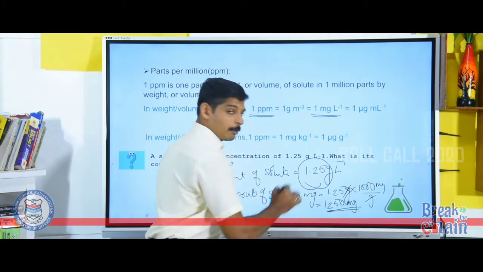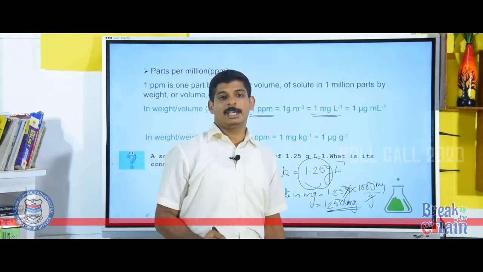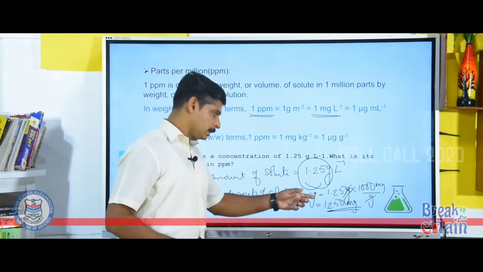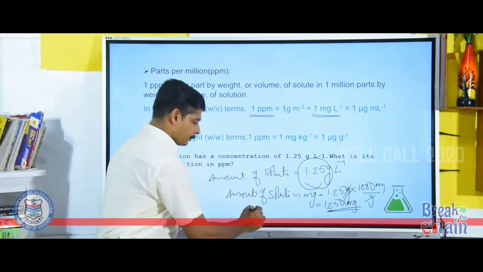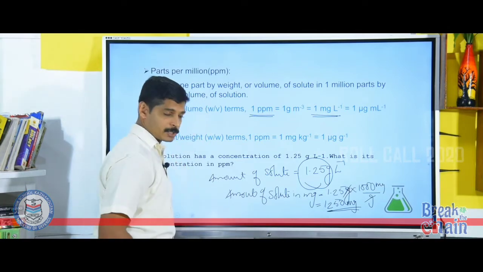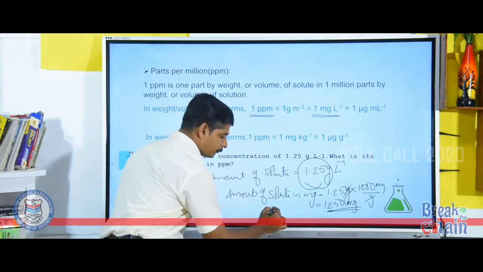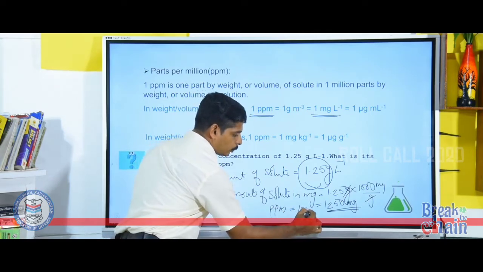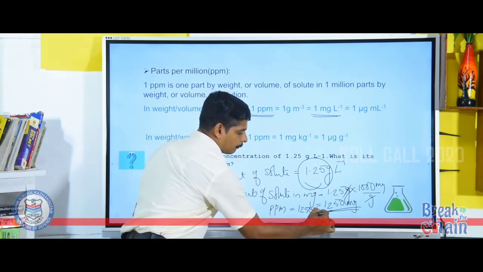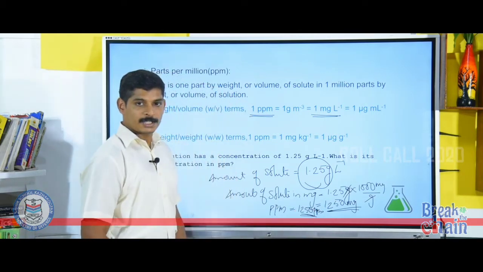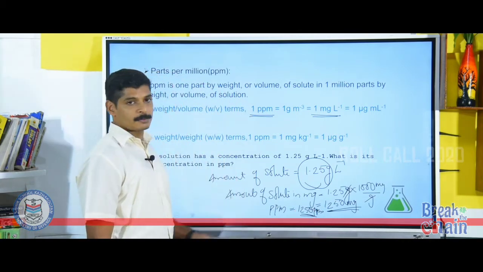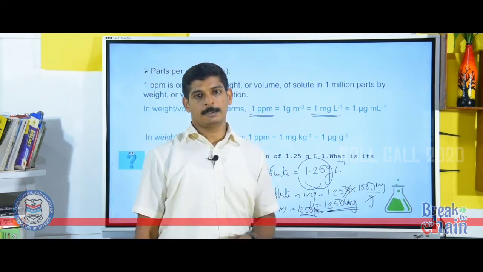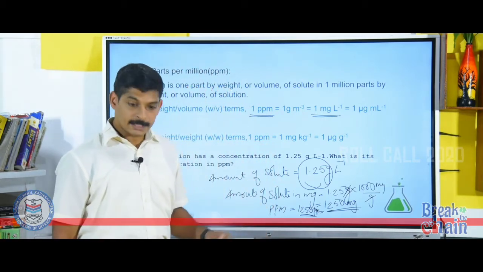This much amount of solute is dissolved in how much liter? 1 liter. So, here it is very clear, the concentration of the solution is 1250 ppm. So, you are now expressing the concentration in terms of parts per million as 1250 parts per million. Hope it is clear to you.